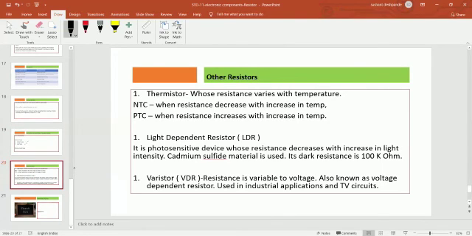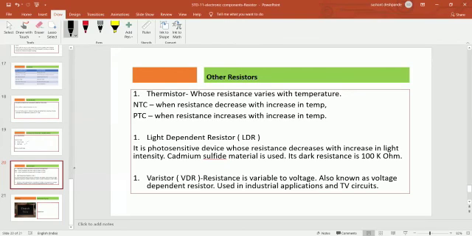Thermistors, light dependent resistor, that is LDR, and varistor, that is VDR. Now what is a thermistor? As the name indicates, its resistance varies with temperature. So a component whose resistance varies with temperature is called a thermistor. There are two types, NTC and PTC.